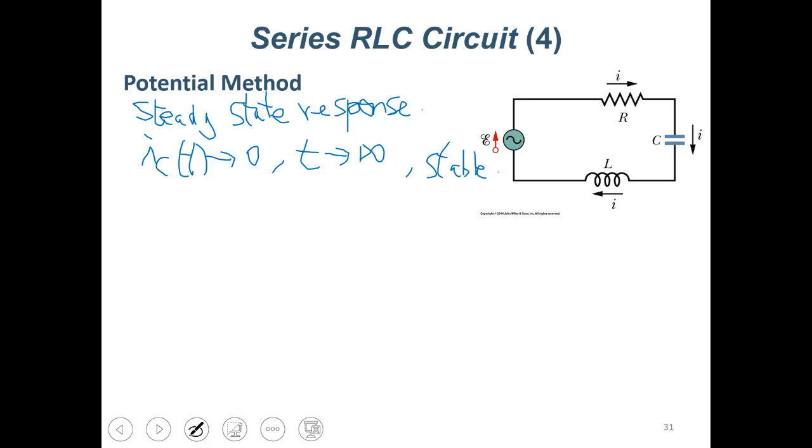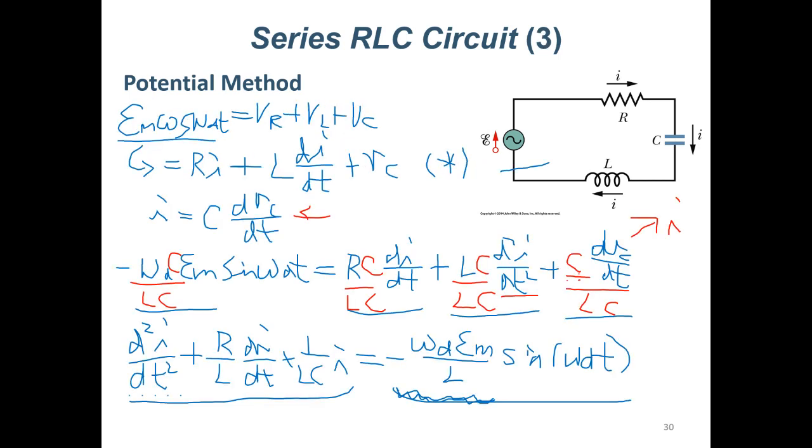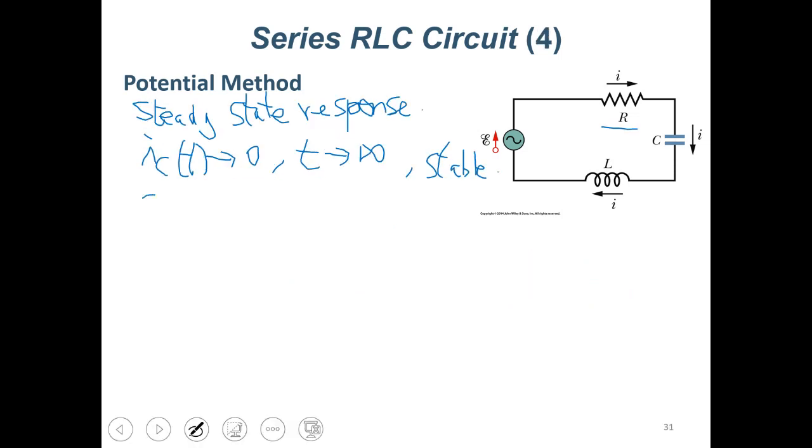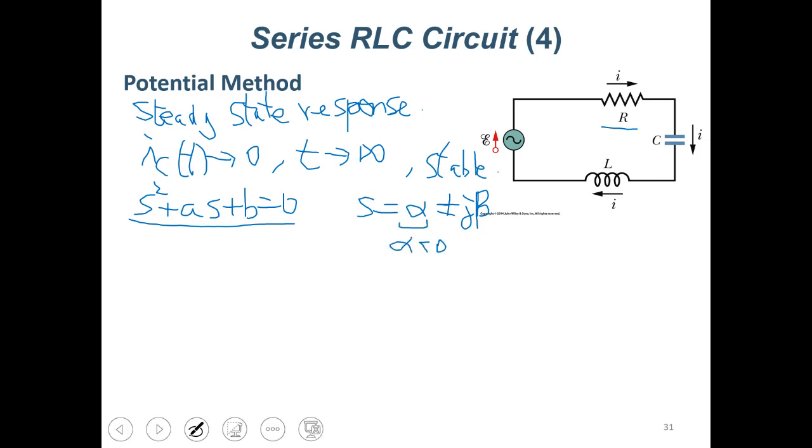Because usually when we have a simple RLC circuit, the coefficients are positive, which means that A and B in this characteristic equation are positive, so that the roots will be something like alpha plus j beta, and alpha is usually negative.